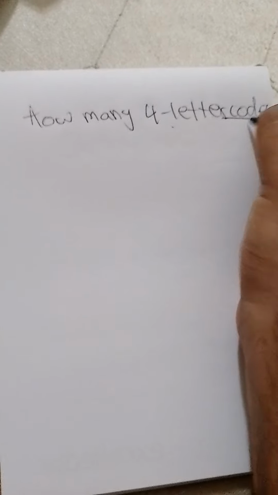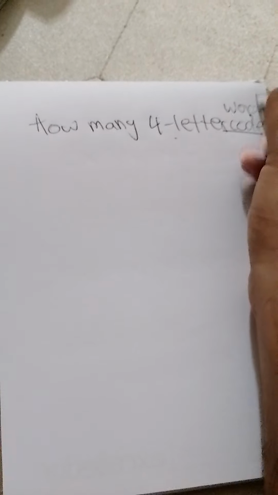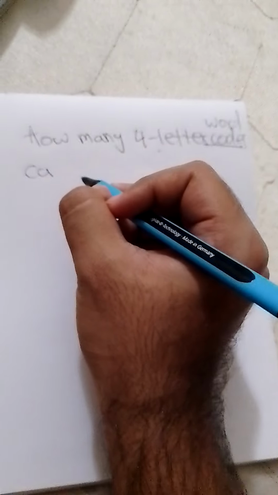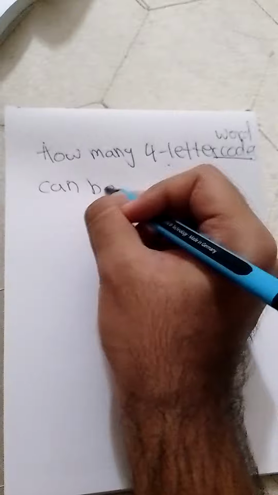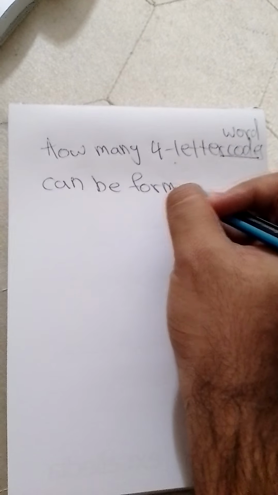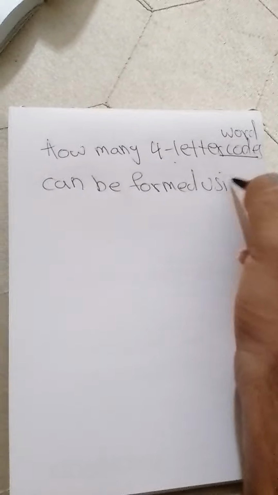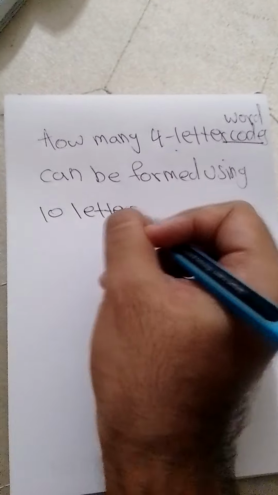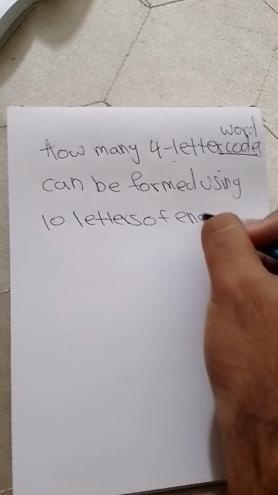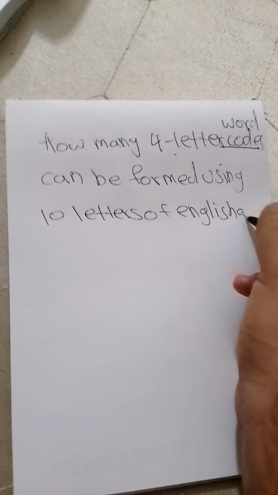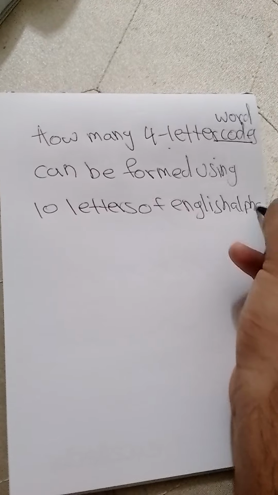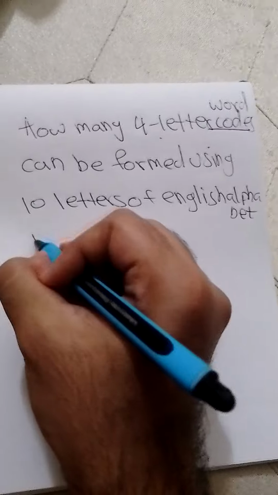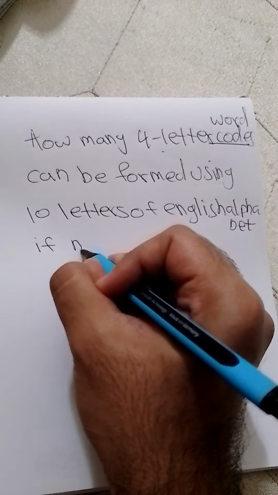Alright, let me write it for you. 4-letter words can be formed using 10 letters of the English alphabet if no letter can be repeated, that is, repetition is not allowed.